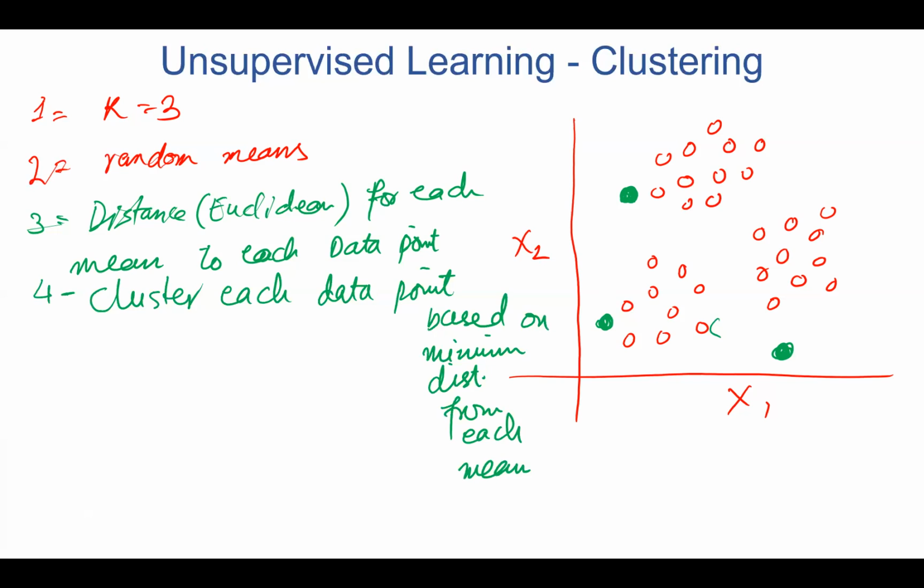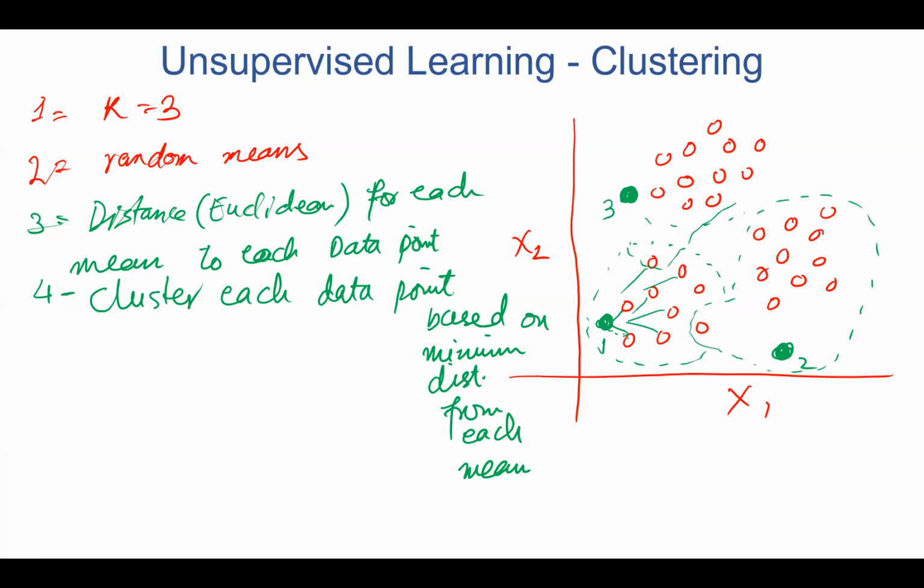It's going to look at each data point and see which mean the data point is closest to. This one, this one, this one, probably this one, all of these are closest to this one, so it's going to cluster these data points into cluster 1. Let's say this was mean 1, this was mean 2, this was mean 3. This data point is actually closer to this one. So this is the first iteration.